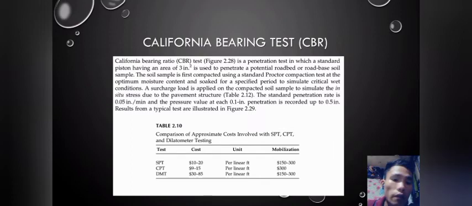The DMT costs $30 to $85. The unit is per linear feet. Then the mobilization costs $150 to $300, and CPT is $300, and the DMT is $150 to $300.